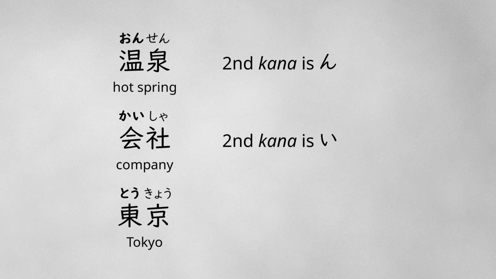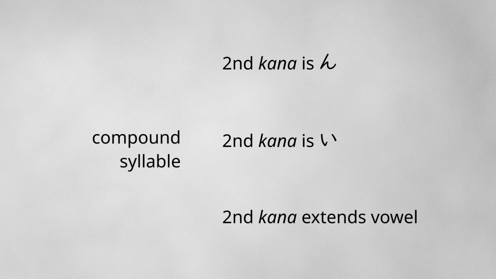If a component of a word has two connected kana, where the second kana is the kana n, is the kana I, or extends the vowel of the first kana, then the two kana make a compound syllable.